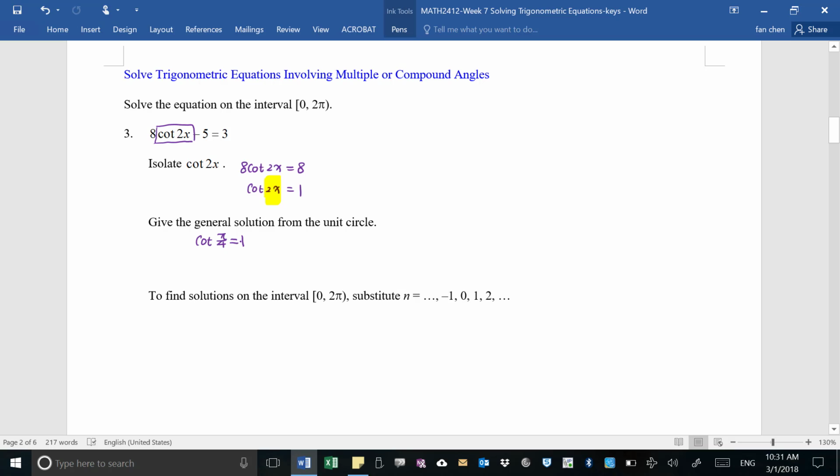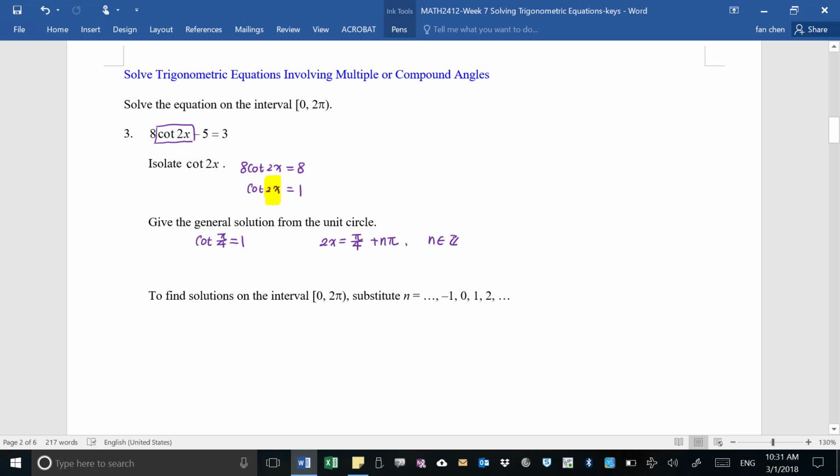Just consider from 0 to pi first, because the cotangent period is pi. So from here, I get that 2x must be equal to pi/4. But cotangent is a periodic function and repeats every pi. So therefore, I can add n pi, with n any integer.